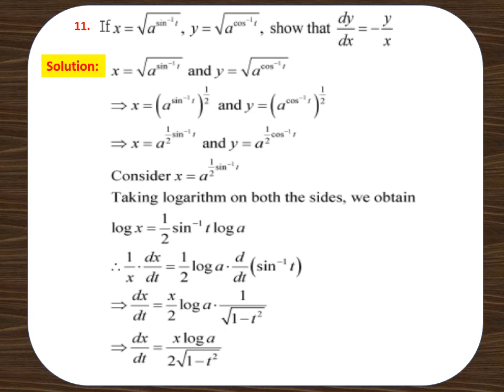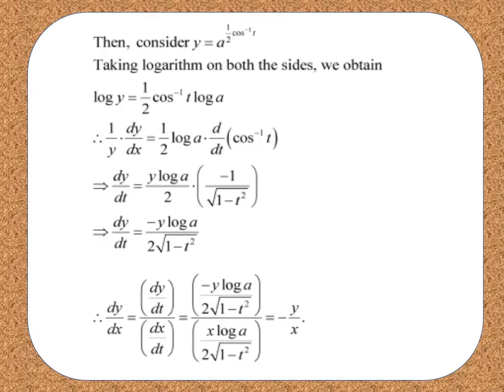So differentiating with respect to t, we are getting 1 upon x for log x, and for x it will be dx upon dt, and half log a is constant, we are taking that out. So differentiation of sin inverse t is 1 upon under root 1 minus t square. We have learned that in our previous videos. So dx upon dt equals x log a upon 2 under root 1 minus t square.